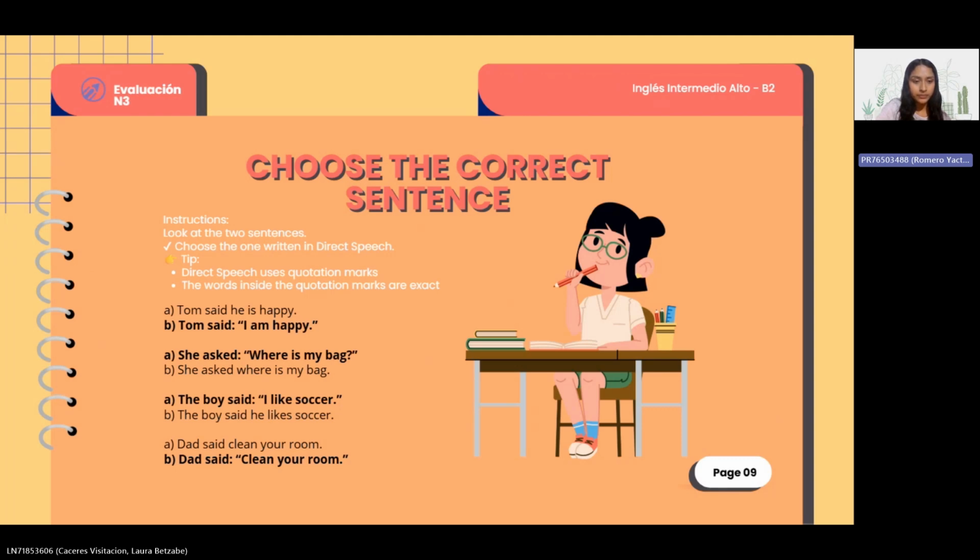She asked, "Where is my bag?" The boy said, "I like soccer," and Dad said, "Clean your room." This exercise helps you identify direct speech easily and avoid common mistakes.